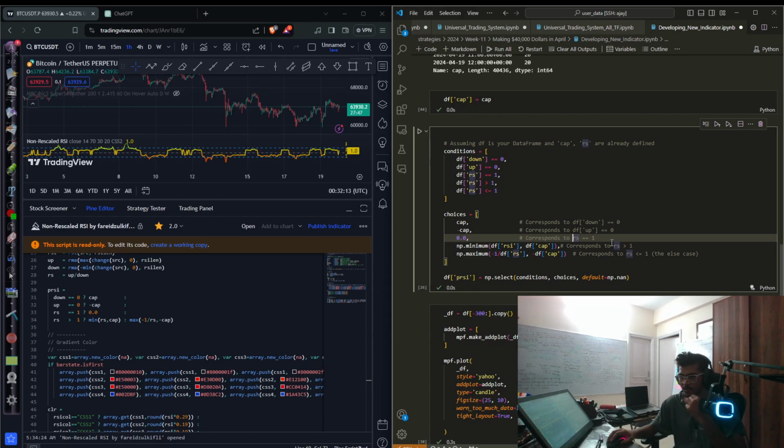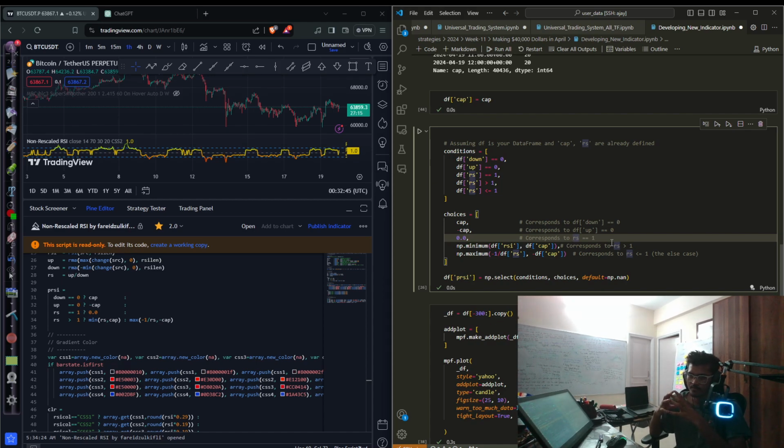Okay, so if down is 0, then we give it the cap of 20. If up is 0, then we give it minus cap. If RS is 1, then we give it 0. If it is greater than 1, then we give it the minimum of RS and cap. So the RSI value stays the same.